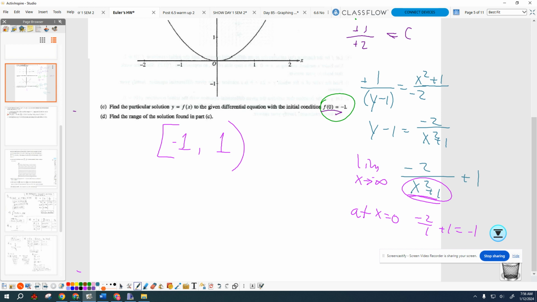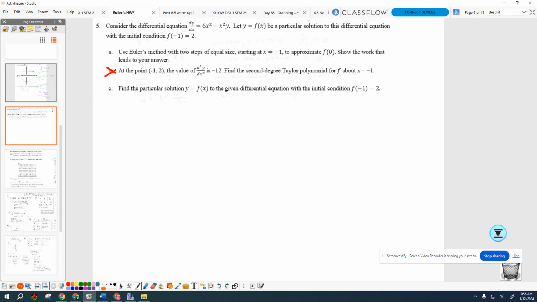Okay. Other questions from the worksheet? Yeah? No? Yes? For part C on 5, I solved it, but I think I dropped a negative somewhere.